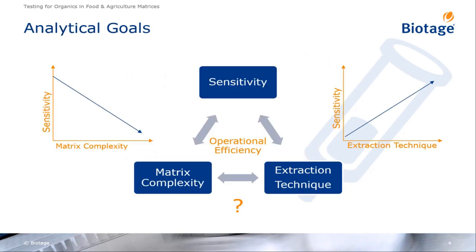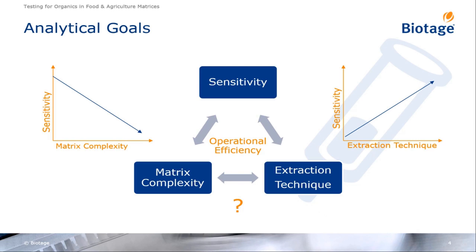So to understand the importance of pesticide testing in food and agricultural safety, I think it's useful to consider the analytical goals of the laboratory in which the testing is being performed. Typically, I like to think of 3 different areas which are considered during the development of a testing protocol. And that is, do I have enough sensitivity?